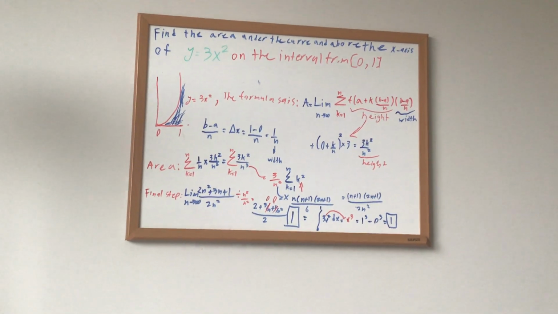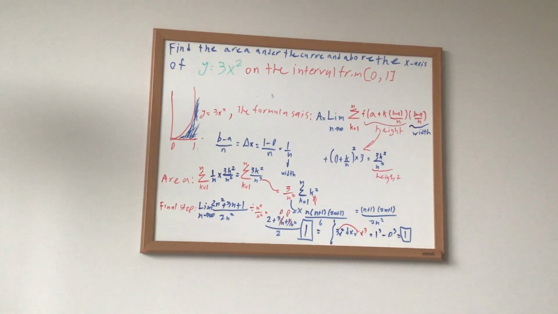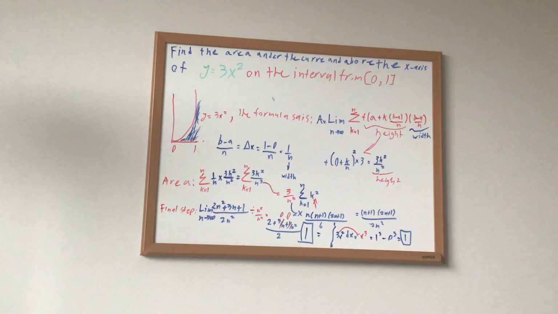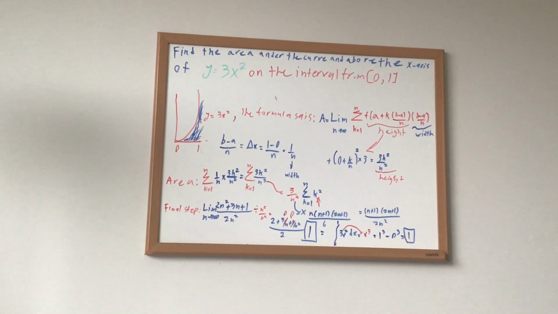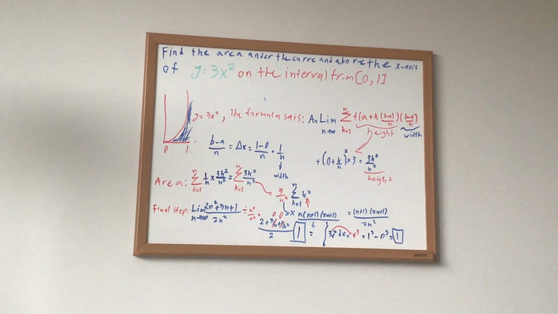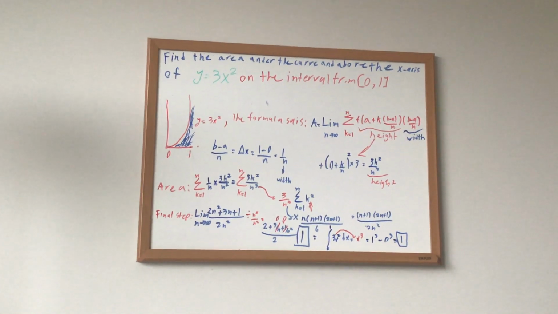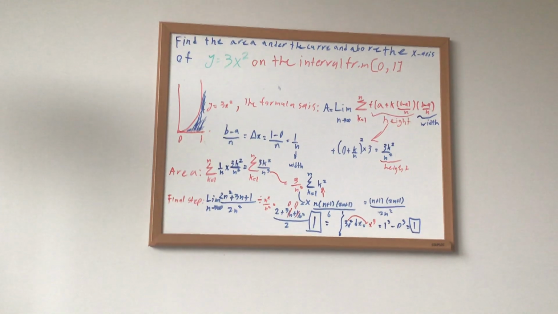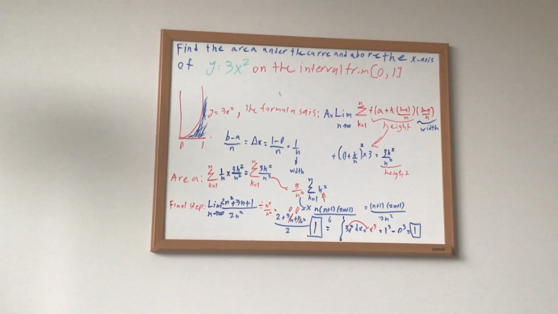Now we're going to calculate the height. For calculating the height, we see that f is positive, so we just put a positive sign because we don't see a negative in the function. And then a, as I told you, is 0, the left part of the interval, plus k times b minus a over n.